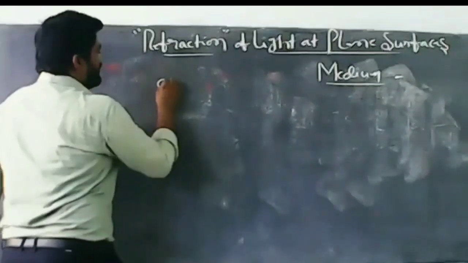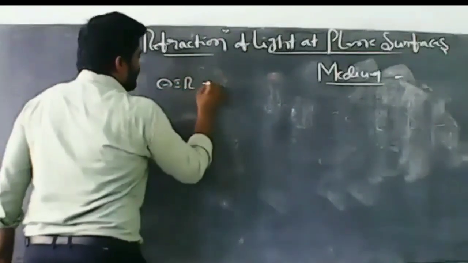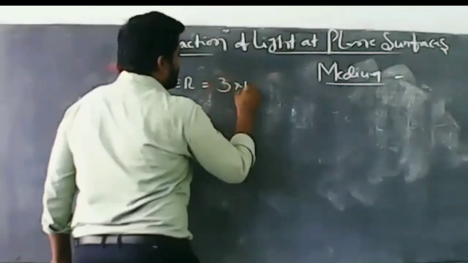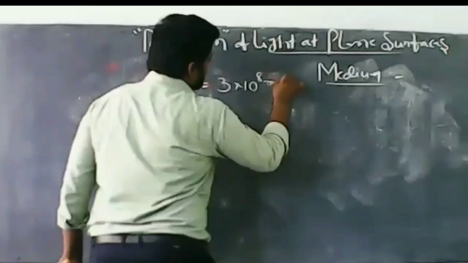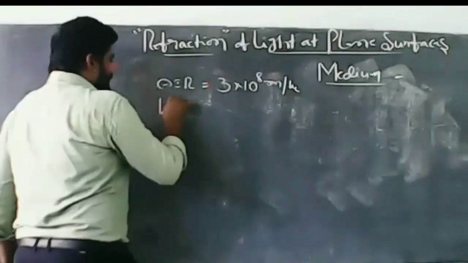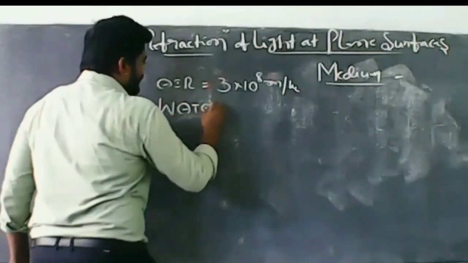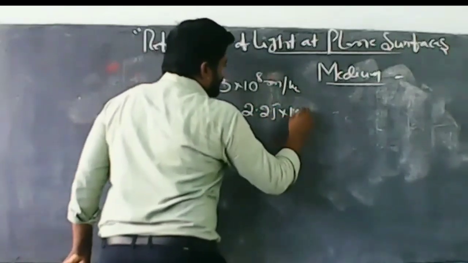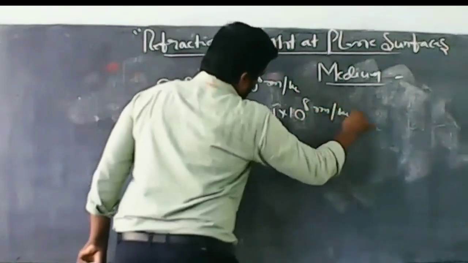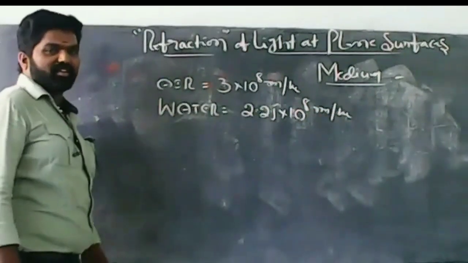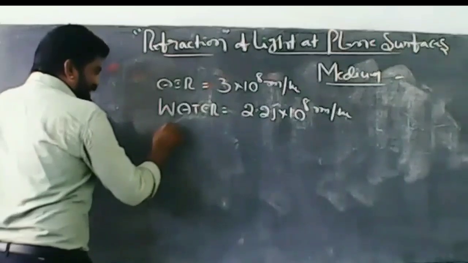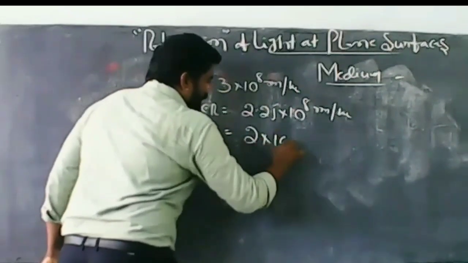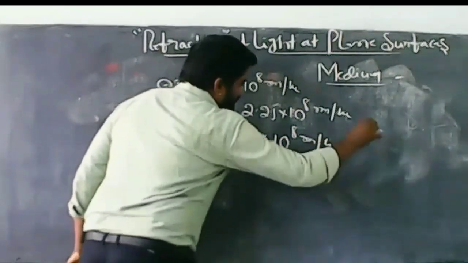In air, the velocity of light is more, that is 3 into 10 power 8 meters per second. The velocity of light in water is 2.25 into 10 power 8 meters per second. The velocity of light in glass is 2 into 10 power 8 meters per second.